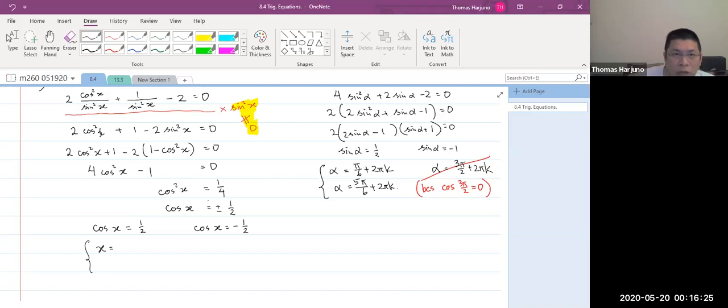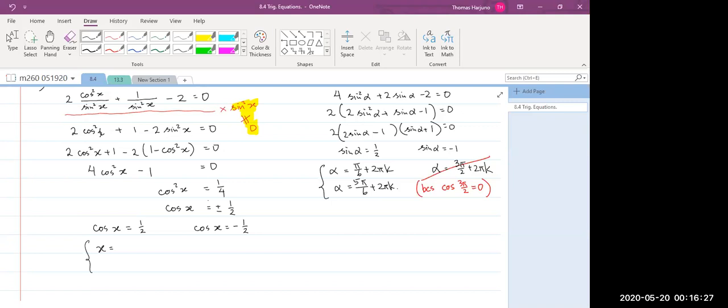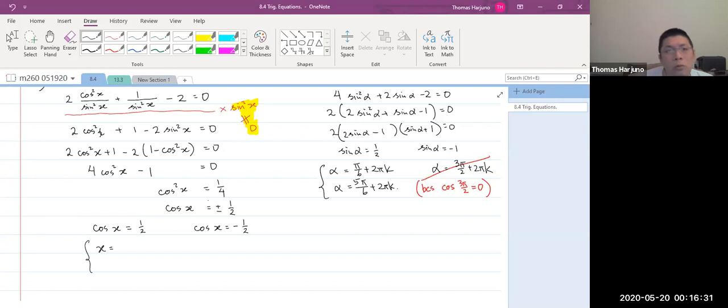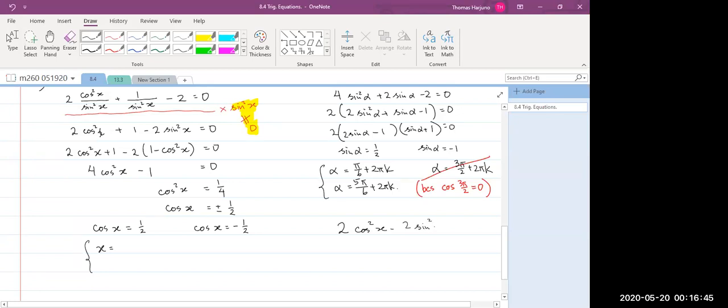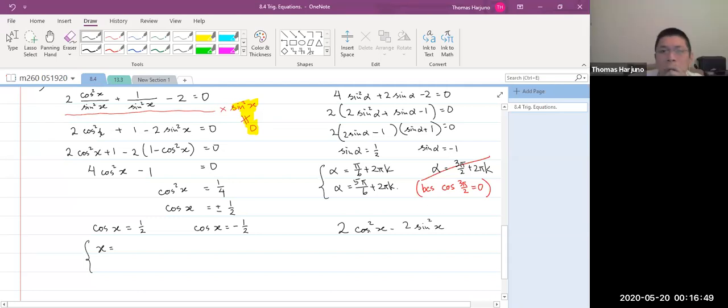It's not supposed to be -4 cosine 2x though, because I factor the 2.